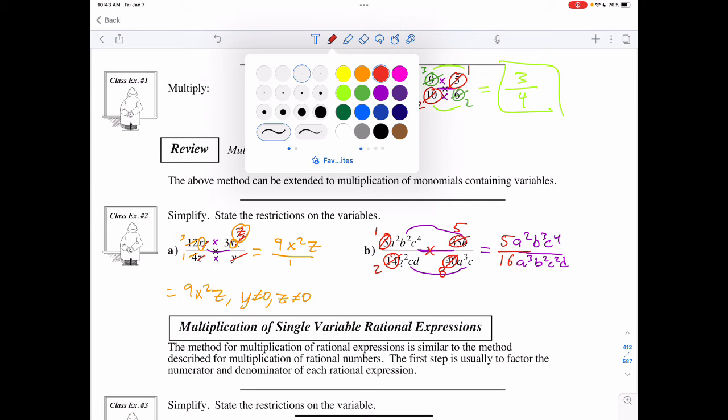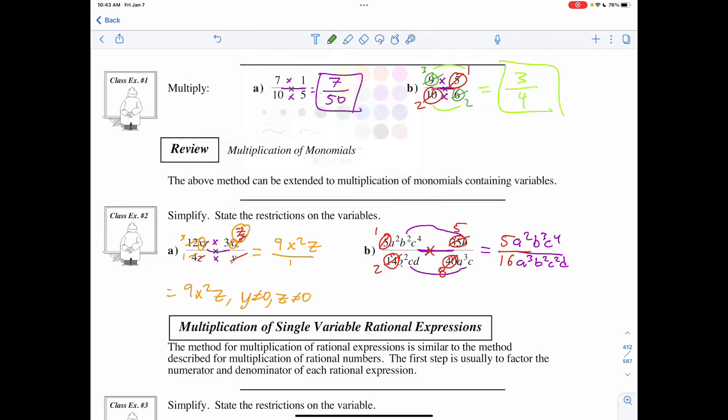And then I'm going to look at my variables. I'm going to take away 2 a's from here and 2 a's from here to be left with a single a there. I'm going to take away 2 b's from here and here to be left with a single b up here.